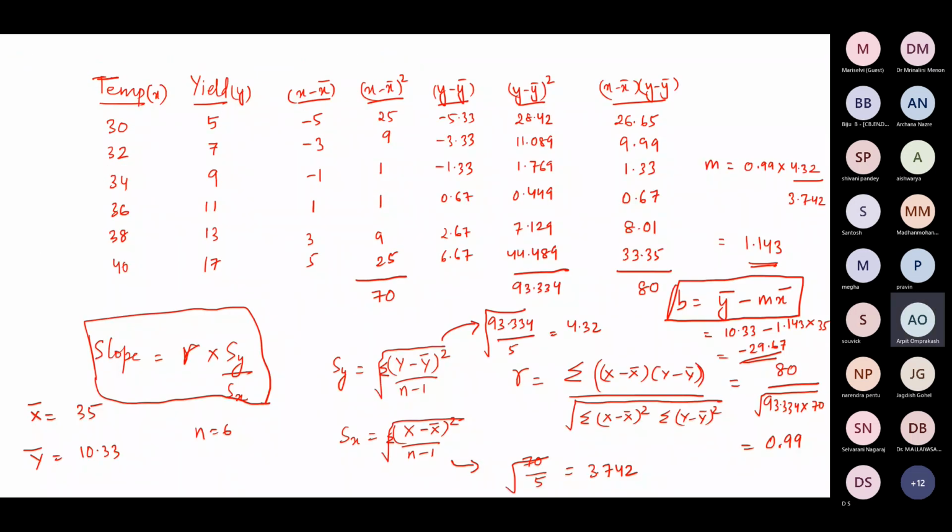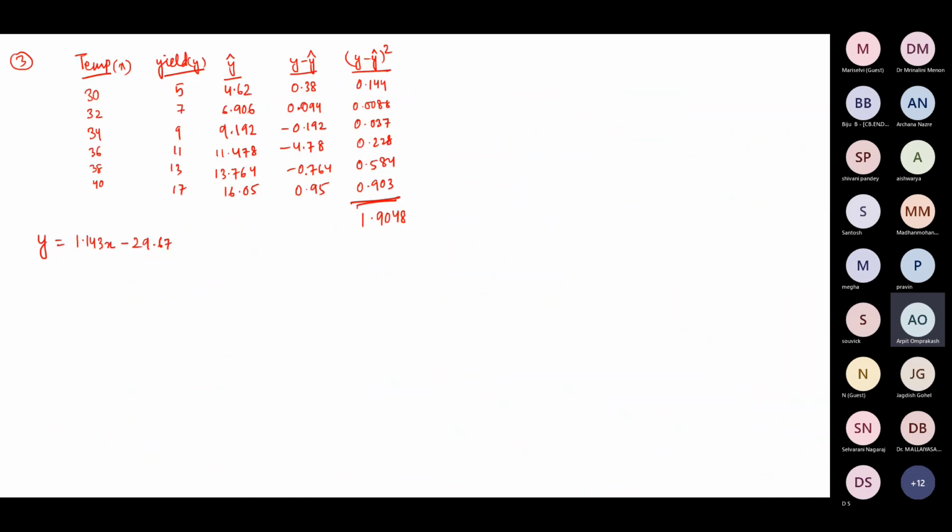In the previous slide, we had calculated y minus y bar, which is all the y values minus the mean, which is 10.33. Square of that, and we had summed it, and we got 93.334. Here, after y minus y hat, whole square, then we sum it, we get 1.9048. So to calculate the R square value, do 1 minus the summation of y minus y hat whole square divided by the summation of y minus y bar whole square.